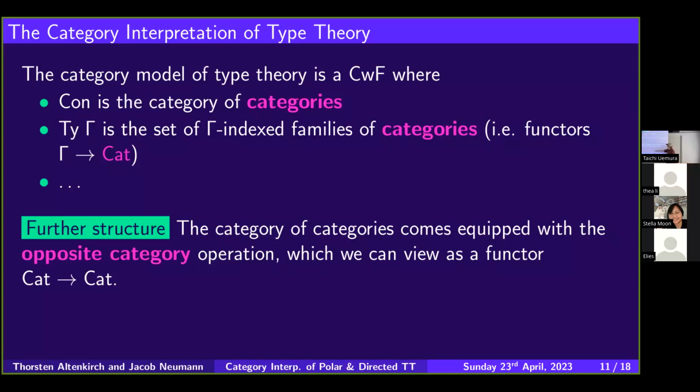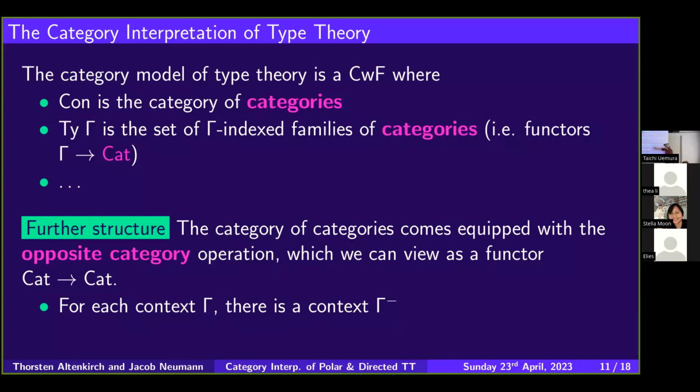There are actually two ways that this opposite operation can be brought into our syntax. First of all, if our contexts are categories, then we can take the opposite of a context, and I can write that as gamma minus for some context gamma.